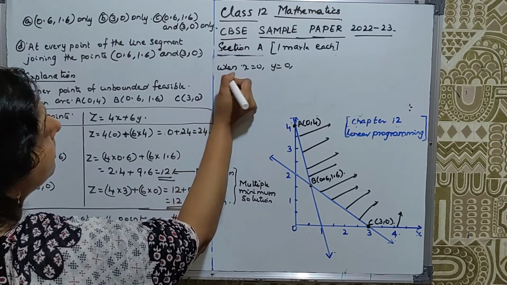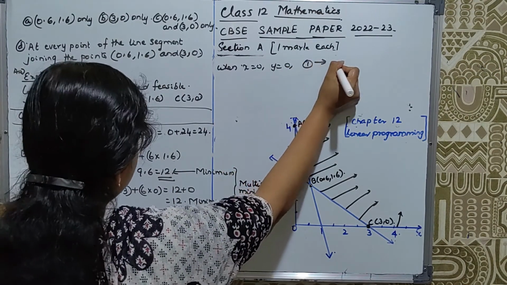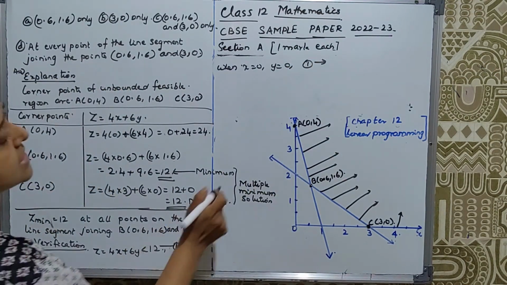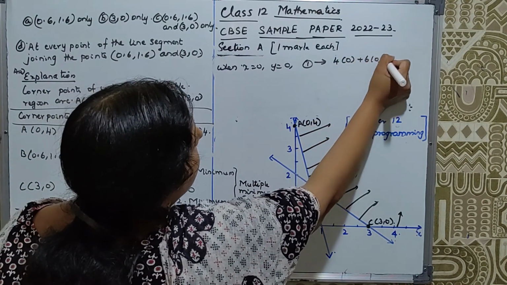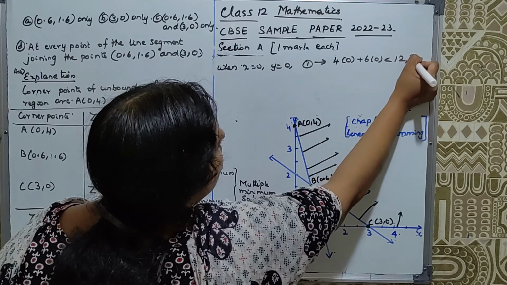Equation number 1 becomes 4 into 0 plus 6 into 0 less than 12, which is true.